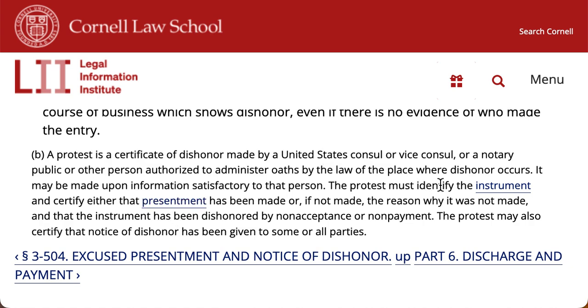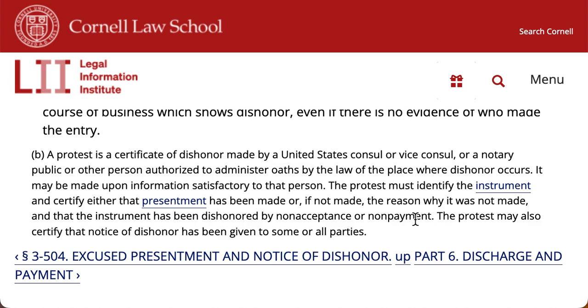The protest must identify the instrument and certify either that presentment has been made or, if not made, the reason why it was not made. In our case, the instrument is the banker's acceptance. We looked at it in the last video. And so all these things are key, though. You don't want to leave any things out of the protest, and that the instrument has been dishonored by non-acceptance or non-payment.